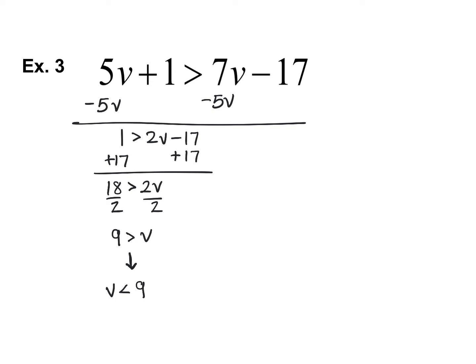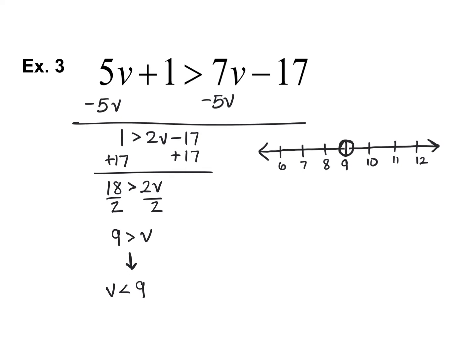Now, for me, I need a visual representation, so I'm going to draw my number line. I have 9, 10, 11, 12, and 8, 7, 6 on the left hand side. This one's going to be an open circle.